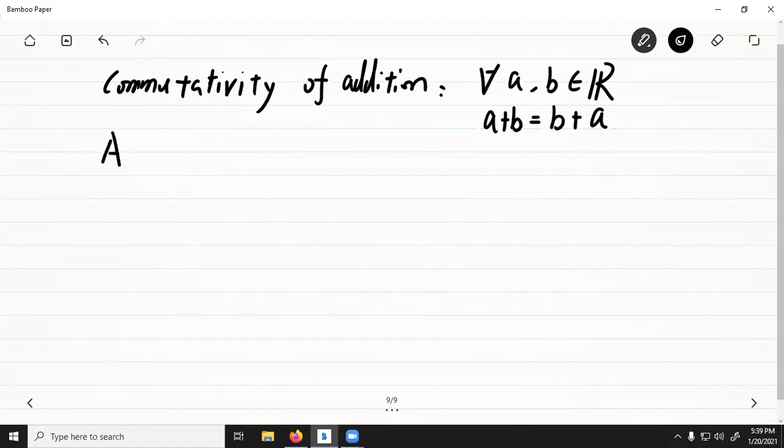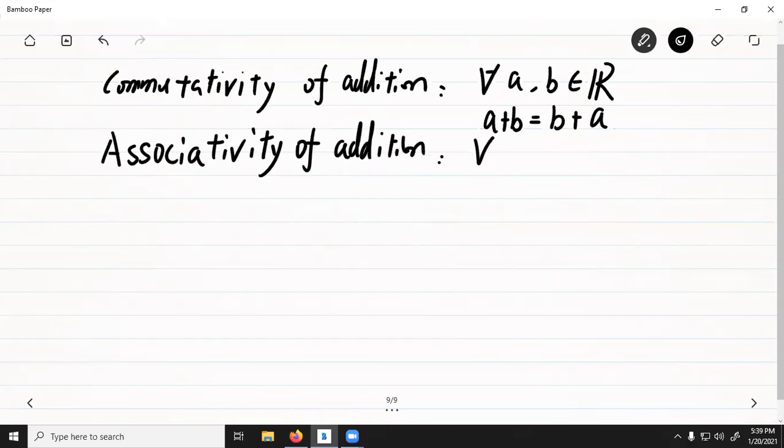Next one is the associativity of addition. So first, let's just talk about the addition.